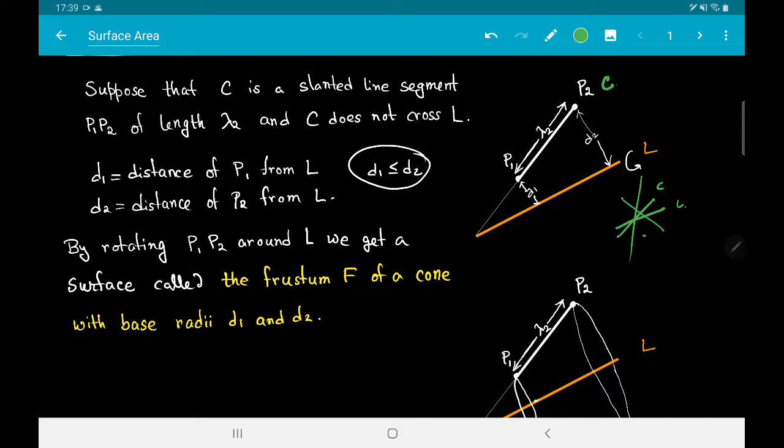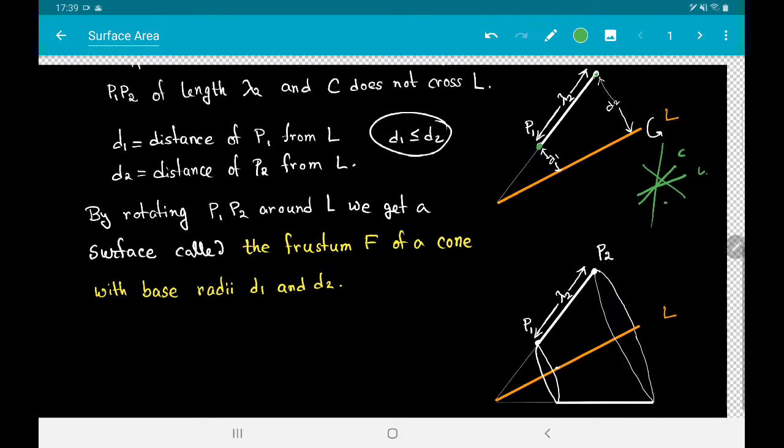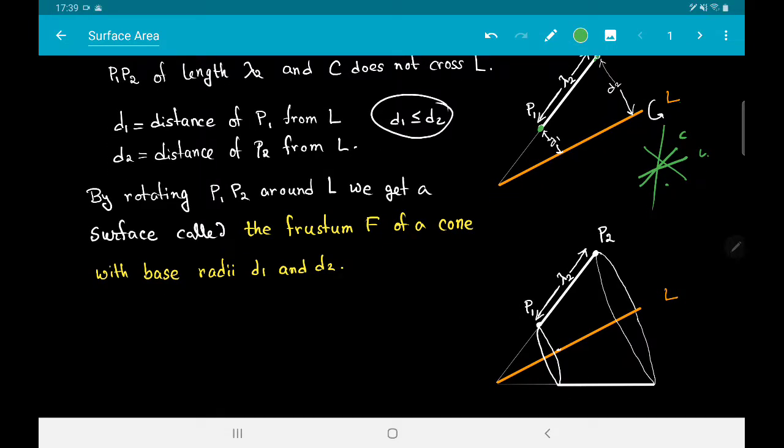And suppose that the terminal points are given by P1 and P2. Suppose that d1 denotes the distance of P1 from the line L, and d2 denotes the distance of the point P2 from the line L, and by rotating the line segment P1 P2 around L, what we get is a surface of revolution, and that is called the frustum F of a cone with base radii d1 and d2.